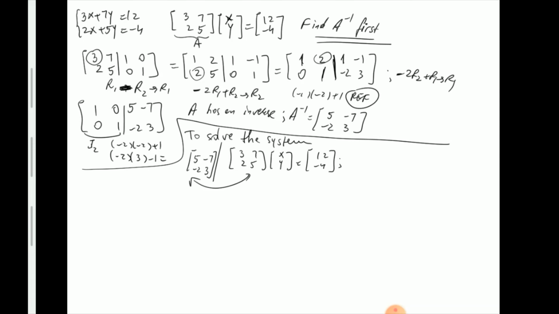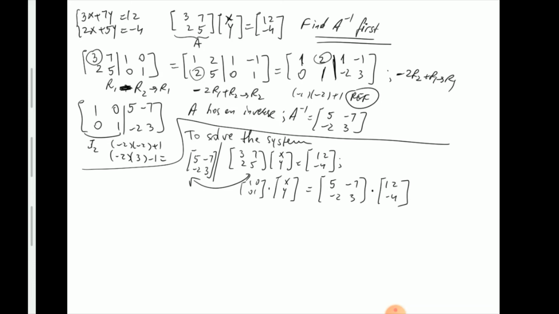But if you're correct, when you multiply on the left by the inverse, you should end up with 1, 0, 0, 1 on the left side. And on the right hand side, you're going to have to come up with what you get with the matrix multiplication.